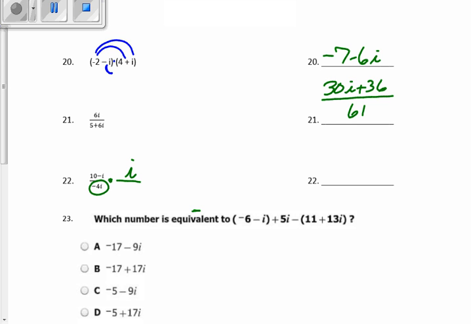What this does is get rid of the i in the denominator. I see 10 minus i is a binomial, so I'll put it in parentheses. Let's distribute this i. 10 times i is 10i, minus i times i is i squared. Denominator, negative 4i times i is negative 4i squared.